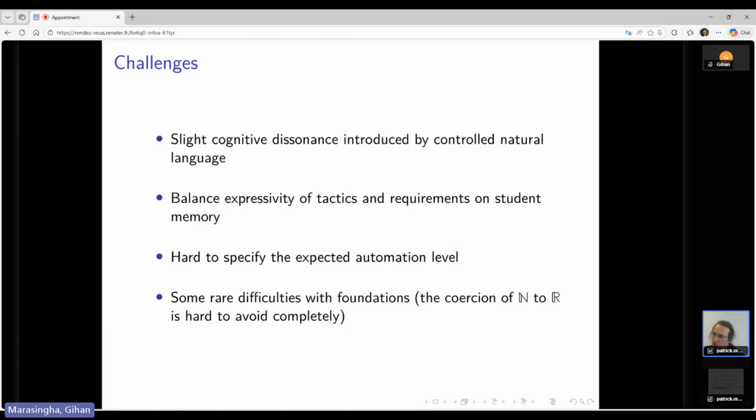I mentioned the coercion of natural numbers into real numbers when discussing the sequence 1 over n, and sometimes in very specific situations you cannot avoid it completely, but it's very rare.